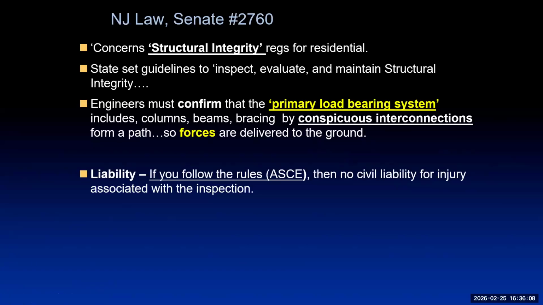However, if you follow the rules of ASCE, there is no civil liability for injury associated with an inspection. So in other words, you need to look at the standards that ASCE is producing.